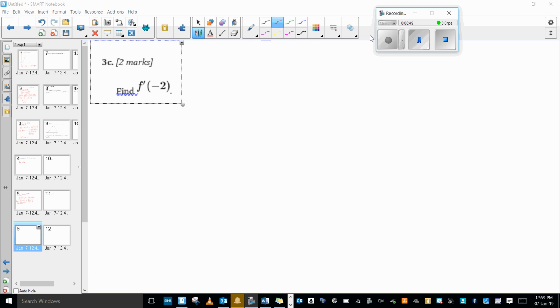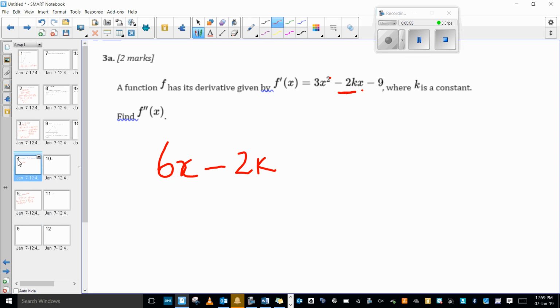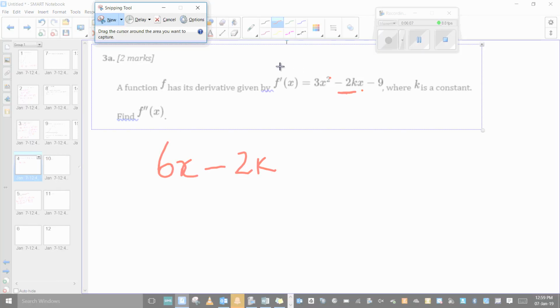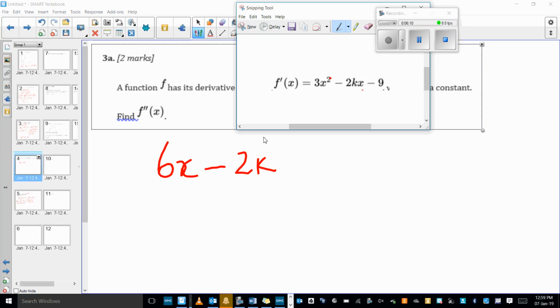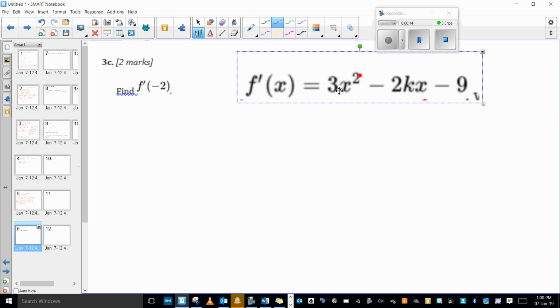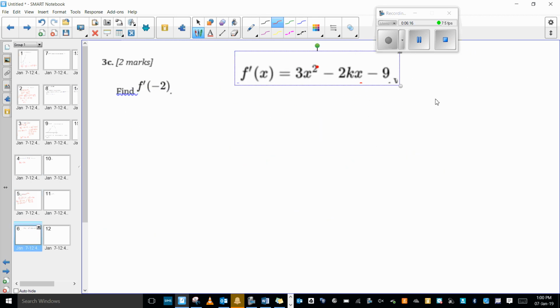Find f dash negative 2. So what was f dash? We know k is 3, we just worked out that k was 3.